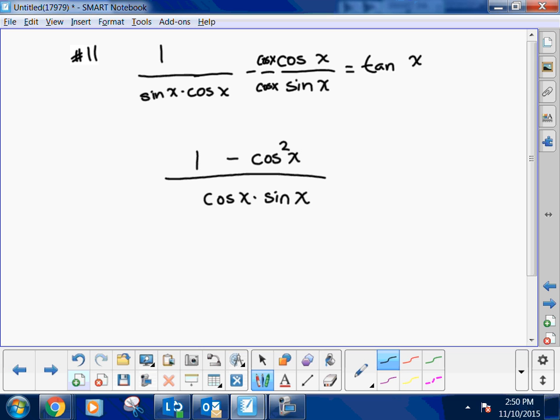So I'll end up with cosine square x. I love that now I can find an identity property for the numerator. I want you to identify it. I'm going to call somebody randomly. So look at your identity sheet and identify the property for the numerator.